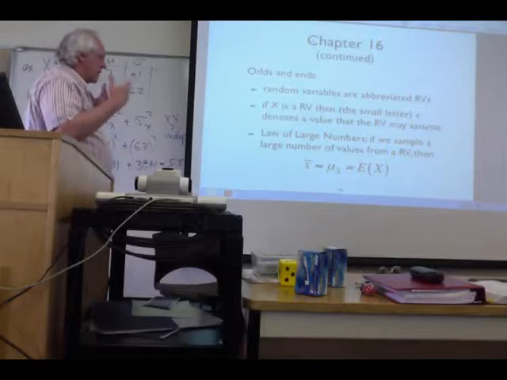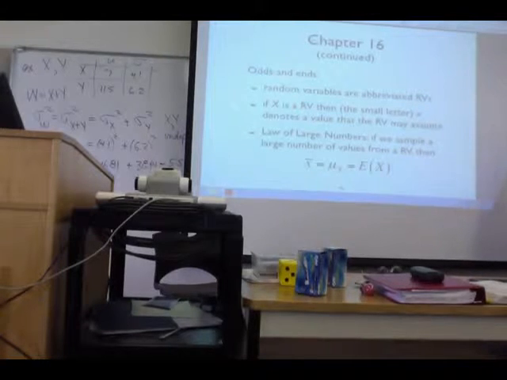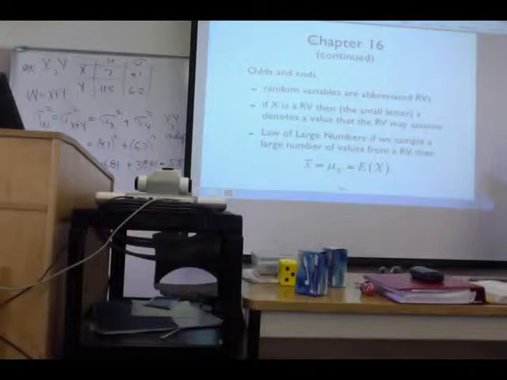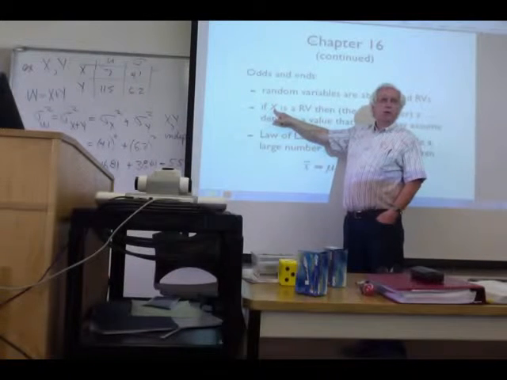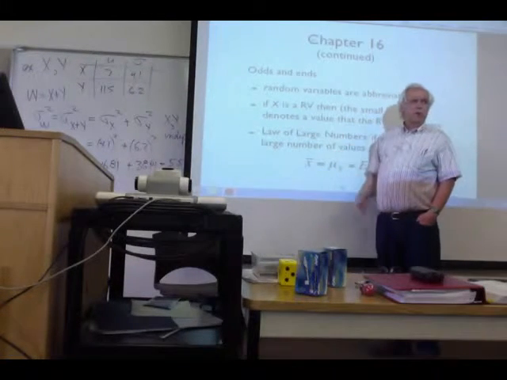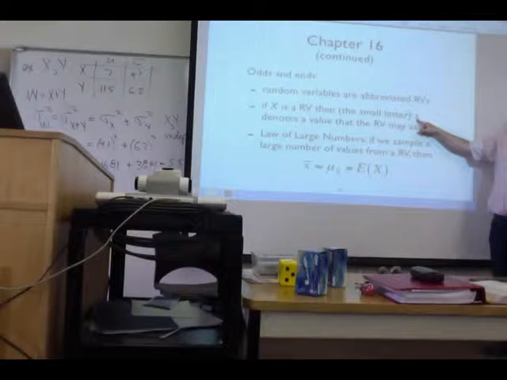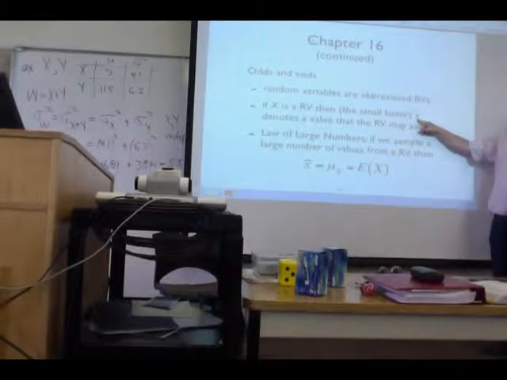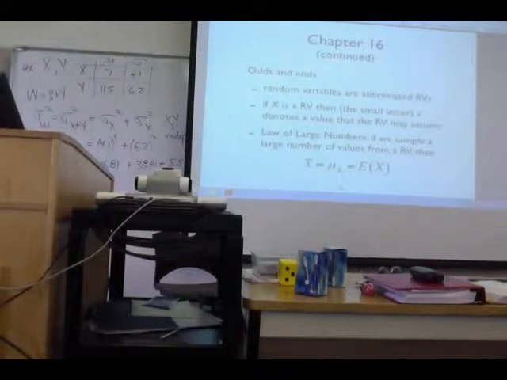Random variables, as I've indicated before, are often represented, or we use the symbol RV, to stand for random variables. It's not recreational vehicles. All right. If we use a capital letter X to represent a random variable, then a specific value is often represented by a small letter x. And I did that in the expectation notation. Capital X is the process or the thing that we observe and take on multiple values. Little x is the specific value.